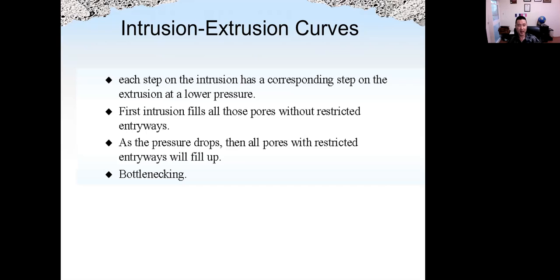Okay. And as the pressure drops, all pores with the bottleneck will remain filled up. So when we reduce the pressure, some of the mercury will not go out of the pores because we have a bottleneck, also called a restricted entryway. Okay.